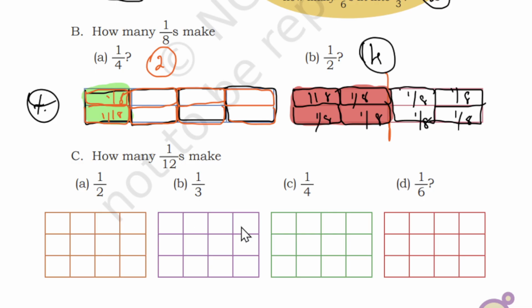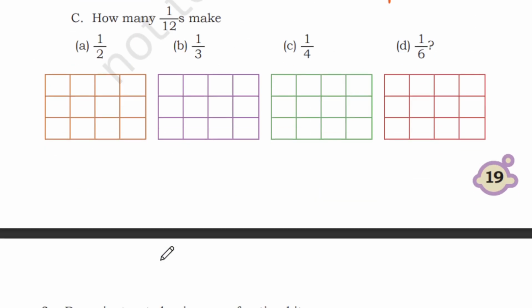Next we will see how many 1 by 12s make. Okay. So this is going to be very interesting. So here I am going to divide this. So we have 12: 1, 2, 3, 4, 5, 6, 7, 8, 9, 10, 11 and 12. Okay. So I am going to shade half of the part in blue color.